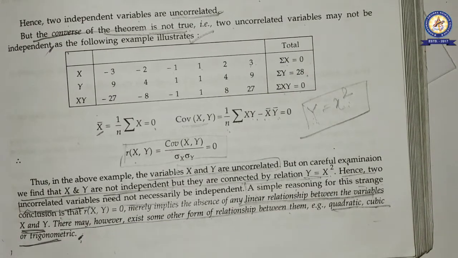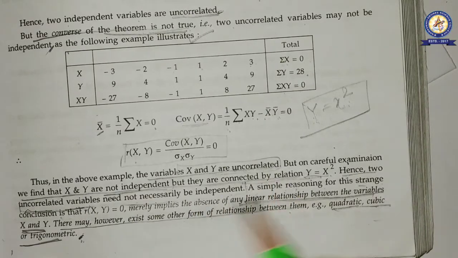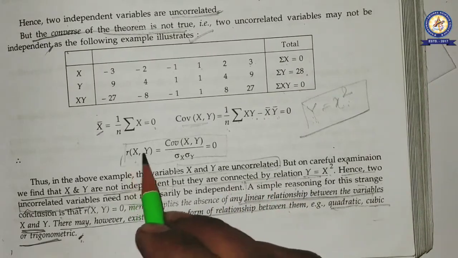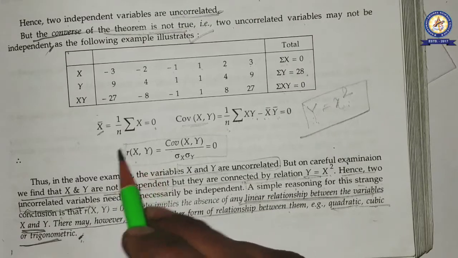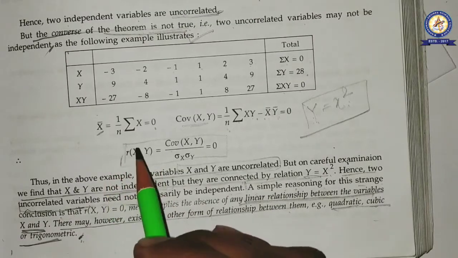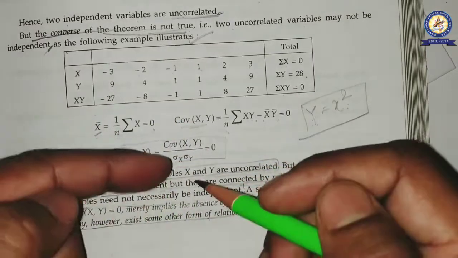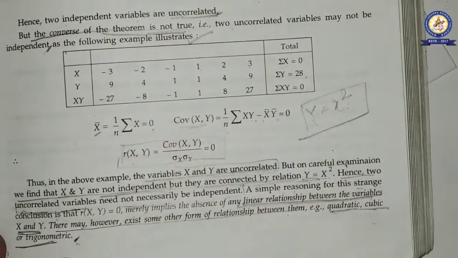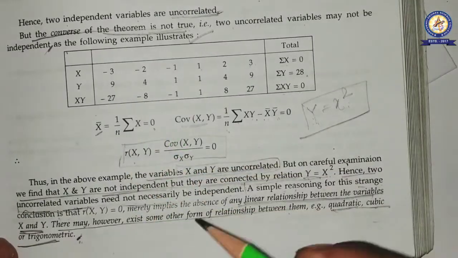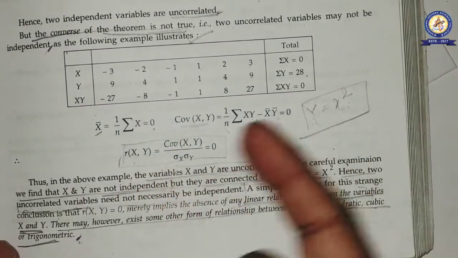So I told you initially, whenever we started the correlation topic, that here we are searching for the linear relation between x and y. So this correlation coefficient represents the relation or coupling between x and y linearly. But from this example we found that they are not linearly linked with each other.